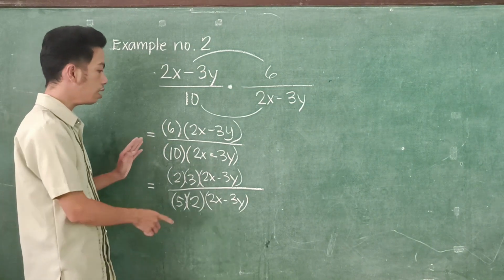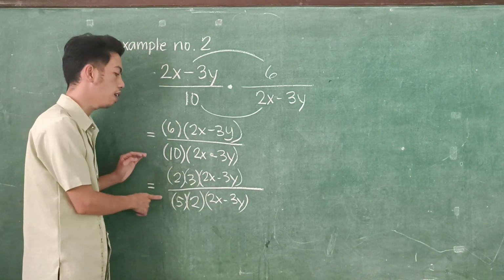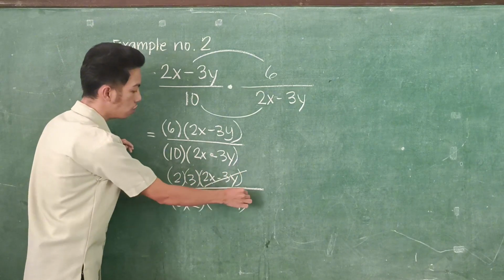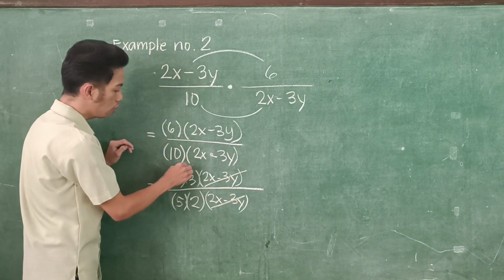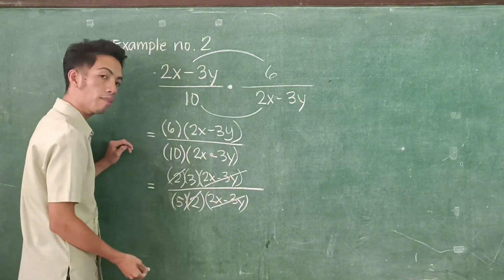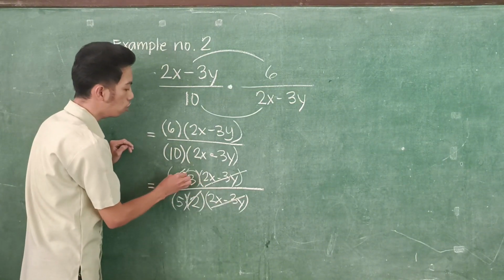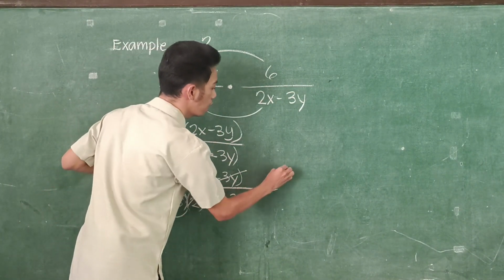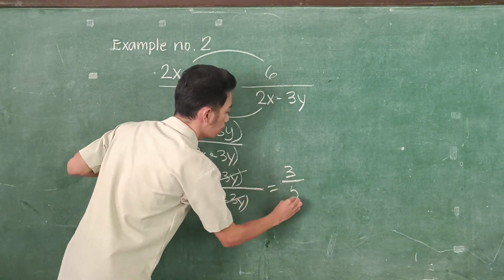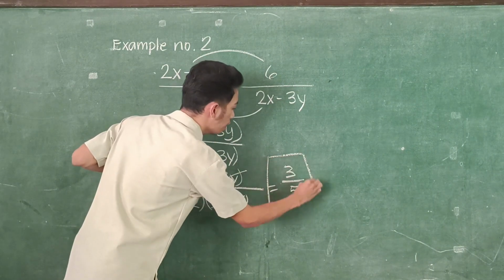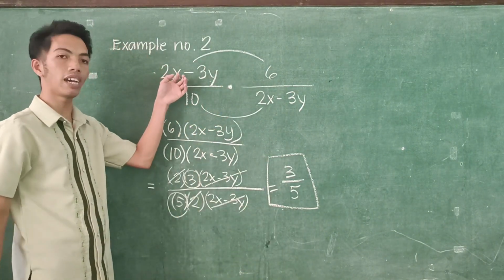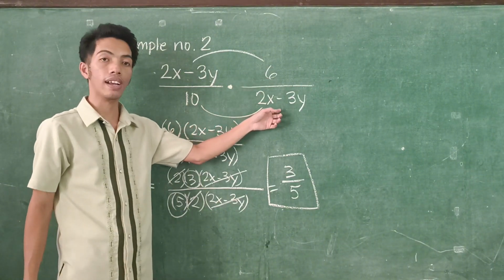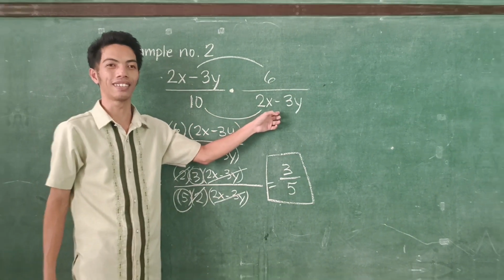And in this case, nakikita natin na meron siyang common factor at pwede natin makakancel yung 2x minus 3y at saka yung 2. So, anong remaining factor natin? We have in the numerator 3 and in the denominator we have 5. So, the answer here is 3 over 5. So, this is the product of 2x minus 3y over 10 and 6 over 2x minus 3y.